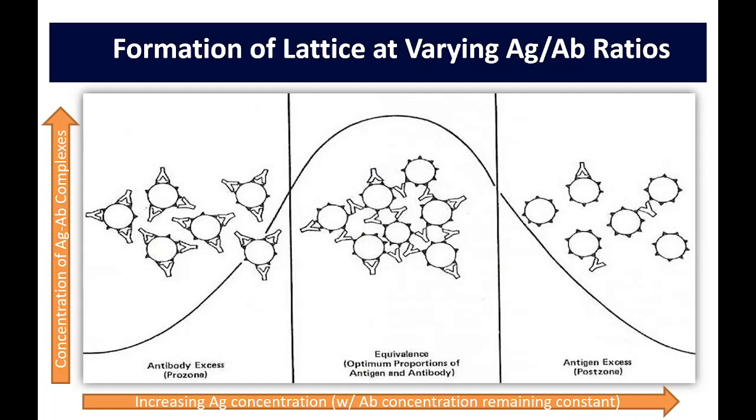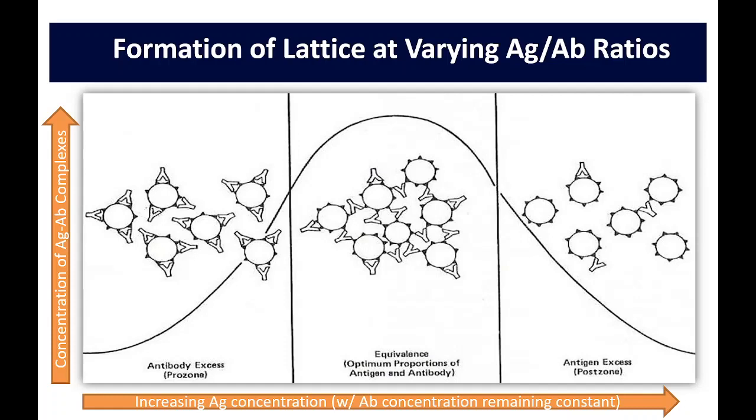The first is the pro-zone phenomenon, wherein there is excess in antibody concentration. The excess antibody will result in saturation of the binding sites of the antigens, thereby inhibiting the formation of cross-linkages among the immune complexes. So this will result in a false negative reaction.